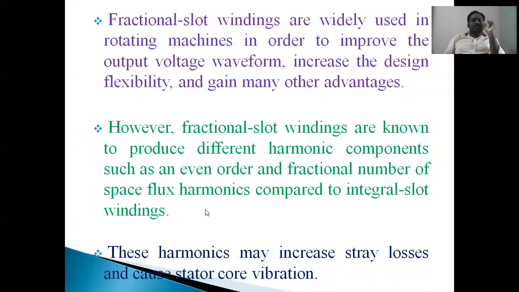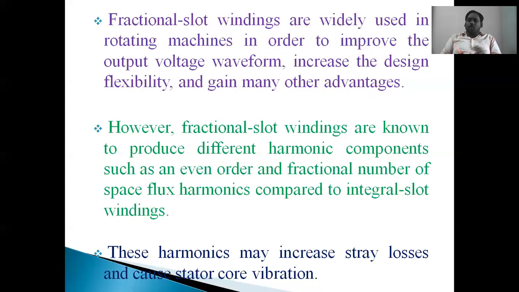The harmonics produced by fractional slot windings can increase the stray losses, and this increased stray loss causes stator core vibration. In our transformer also we observed electromagnetic friction. What is meant by electromagnetic friction?